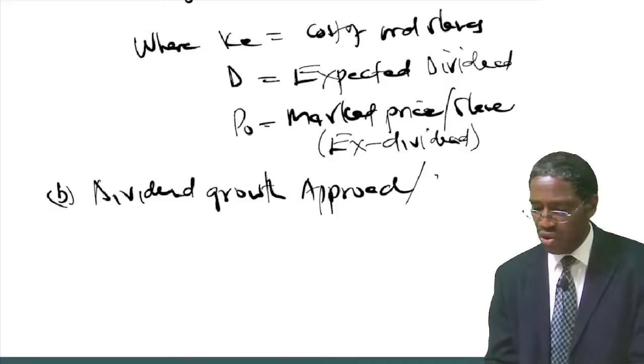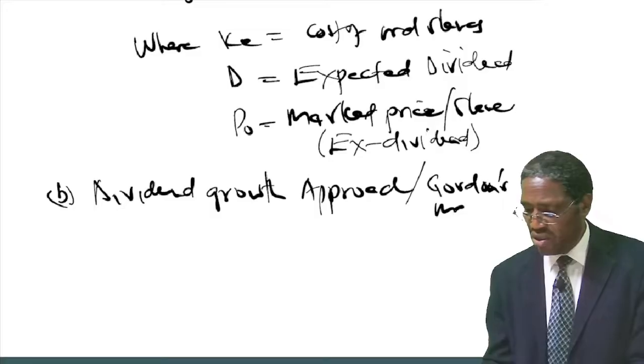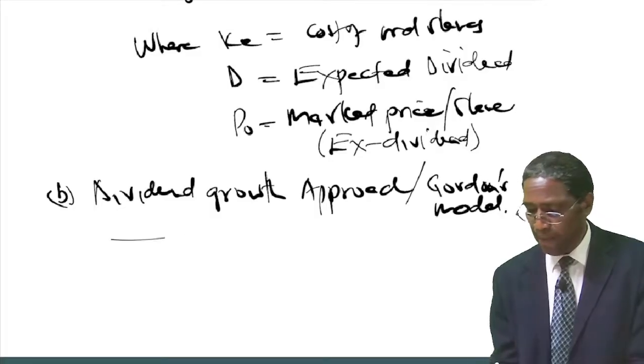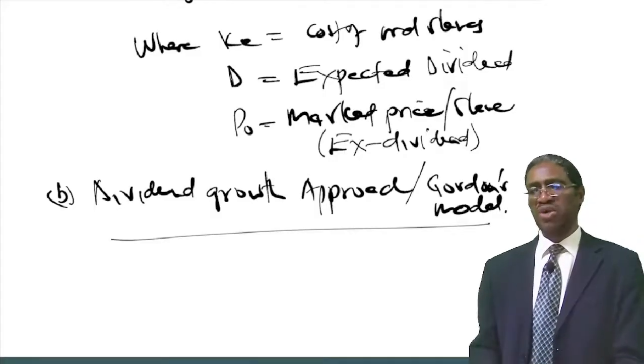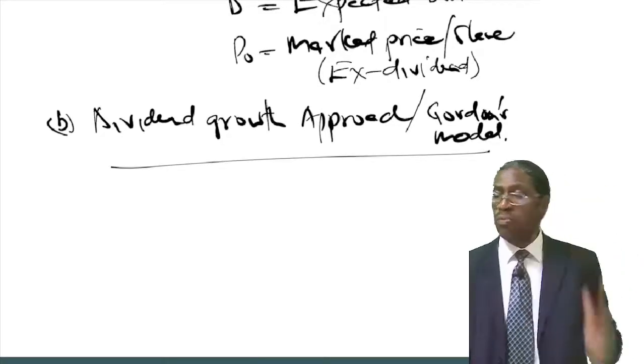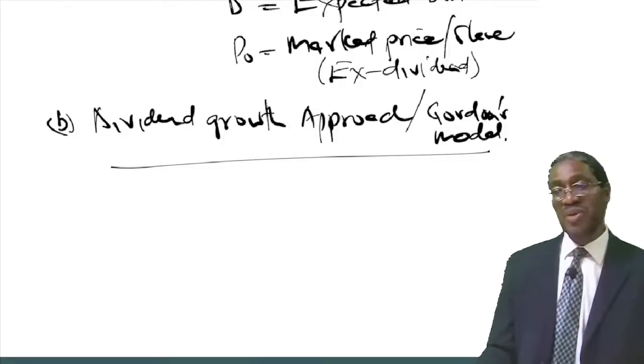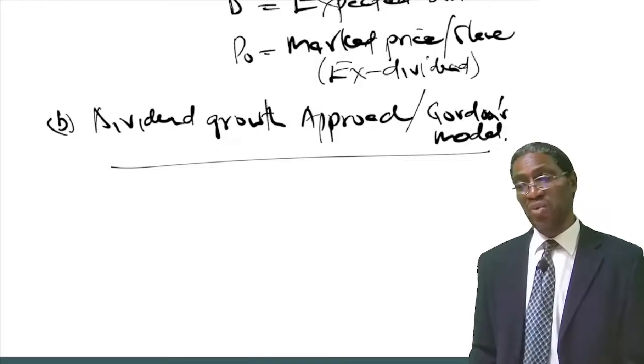Call it also Gordon's model. That is the second way of computing the cost of ordinary shares, depending, as I've said, on the information the examiner will give you.